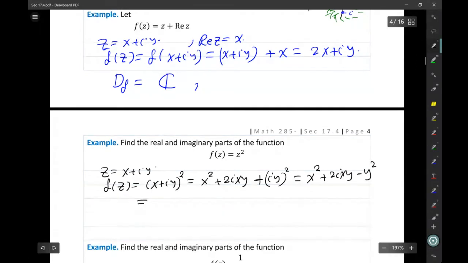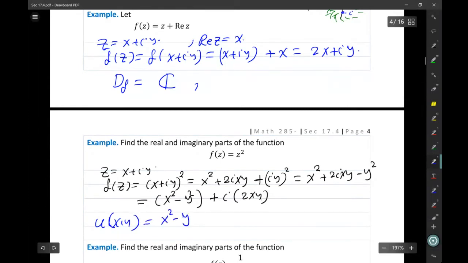Now rewrite the real parts together: x squared minus y squared plus i times 2xy. Then here I have to say that the real part is x squared minus y squared, and the imaginary part is 2xy.